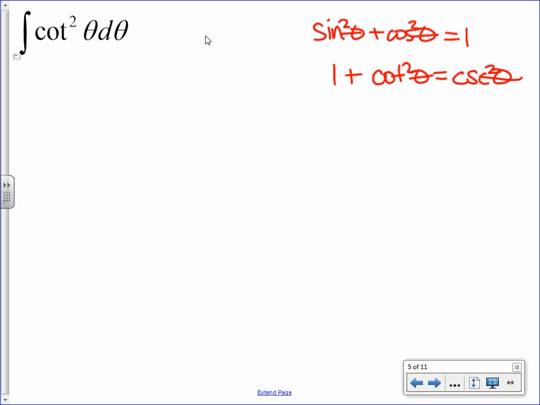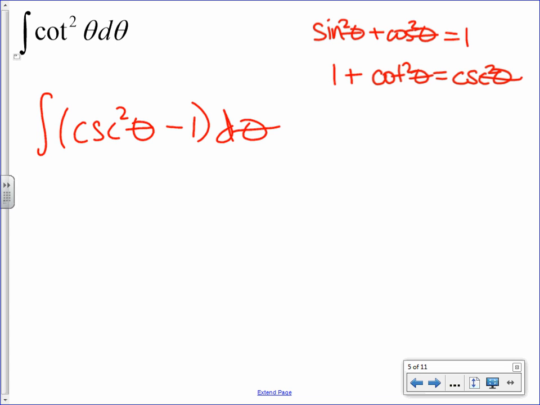Cotangent squared can be rewritten as what? Cosecant squared minus 1. Can we integrate cosecant squared? Yes. It's negative cotangent. So it's negative cotangent theta minus theta.